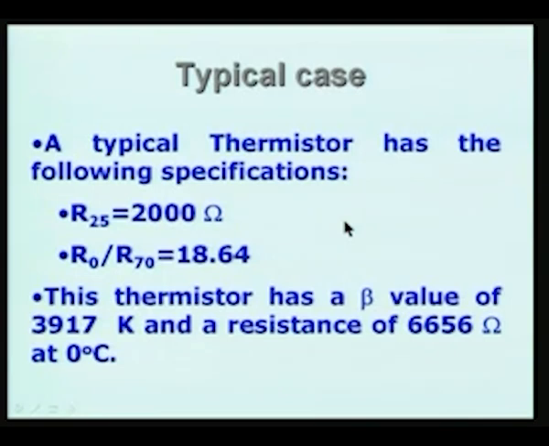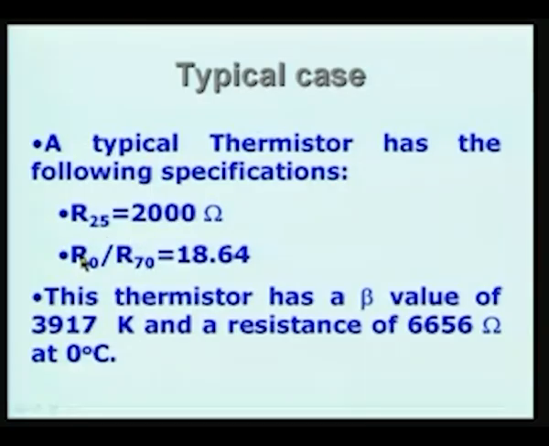If you take a look at a typical thermistor, it may have the following specifications. It has 2 kilo ohms at 25 degrees Celsius. Normally, if you go to a catalog of thermistors, this is how it is mentioned. The resistance is mentioned at 25 degrees Celsius, it is 2000 ohms, and the resistance ratio, and I have already indicated the resistance decreases with temperature.